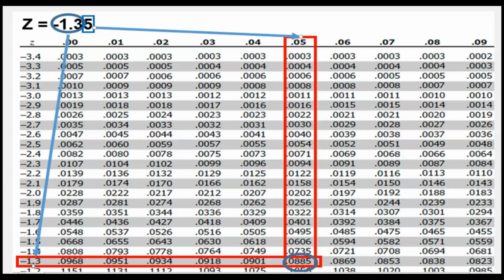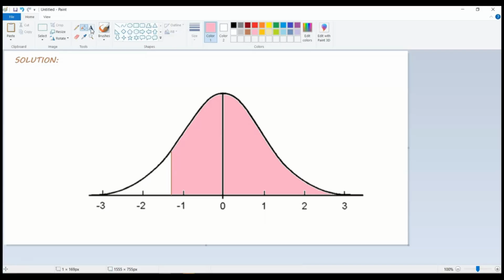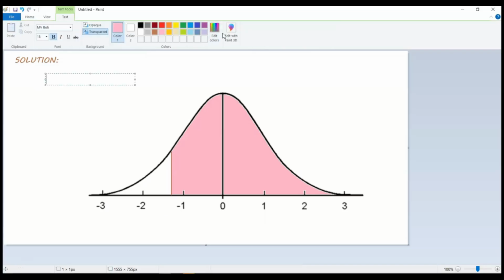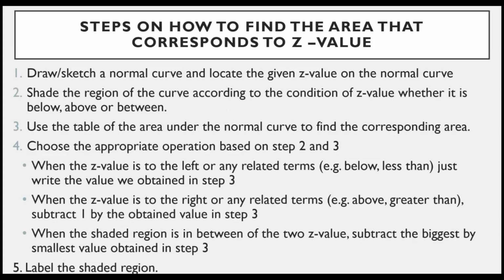Looking closer at the z table for negative 1.35, we can find negative 1.3 at the left side and 0.05 at the top. And the area is equivalent to 0.0885. Now, that is the area that corresponds to negative 1.35.